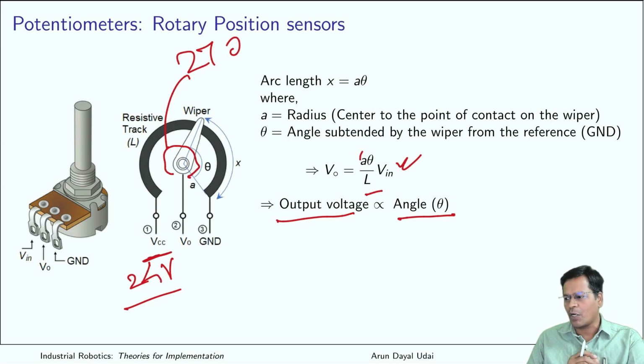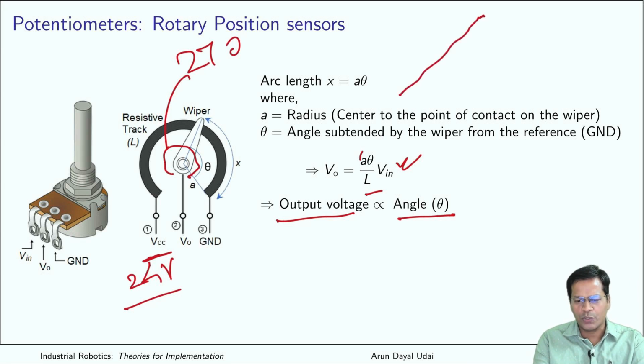There is a bit of a problem with these kind of things. It cannot keep on running, you cannot have continuous rotating potentiometers. There are a few designs which make it happen, which continuously give you from 0 to maximum, for 0 to 360 degree, and then again it goes back to 0, from 0 to maximum, like that.